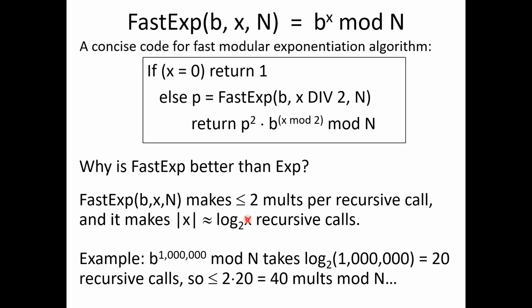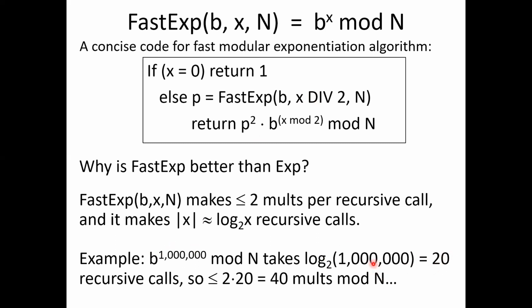That's how many times you need to slash x by 2 in order to get to 1. Whereas the trivial algorithm took 1 million modular multiplications, this one is going to take a logarithm of that, which is just 20.